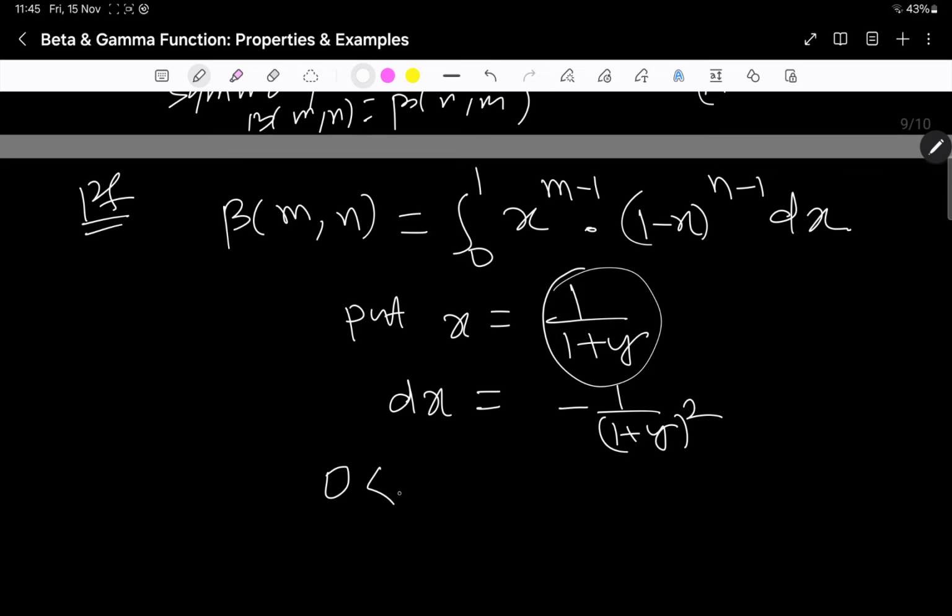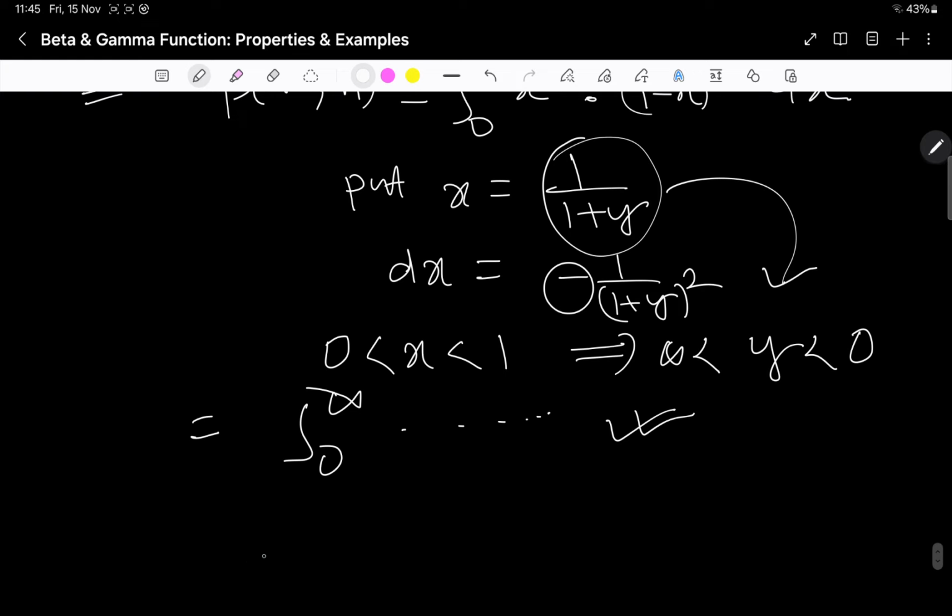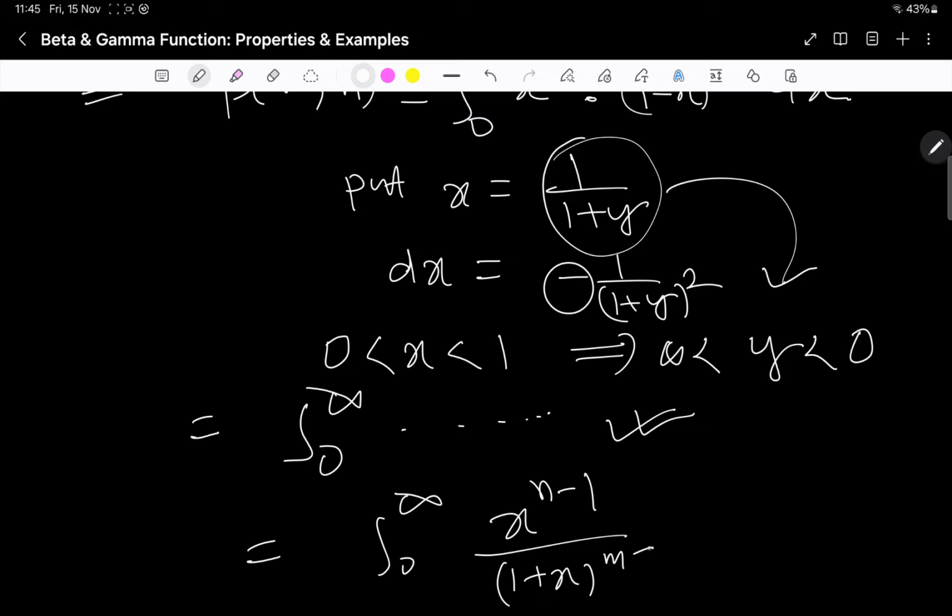When x varies from 0 to 1, y varies from infinity to 0. Because you have a negative sign here, this integral will be converted to 0 to infinity, and finally you will get that. If you simplify it, you get the integral from 0 to infinity of x to the power n minus 1 divided by 1 plus x to the power m plus n. So this is proved. Clear?